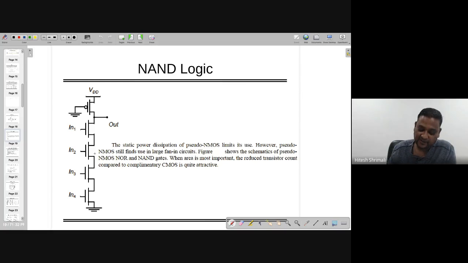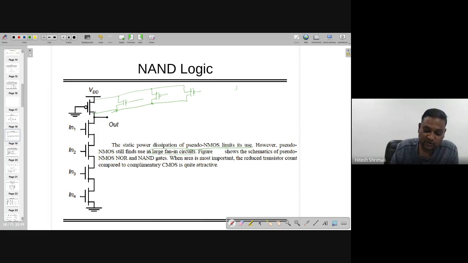And here the static power dissipation of pseudo-nMOS limits its use. And this pseudo-nMOS still finds its use in large fan-in circuits. If it is a CMOS logic, you must have so many PMOS transistors in parallel.